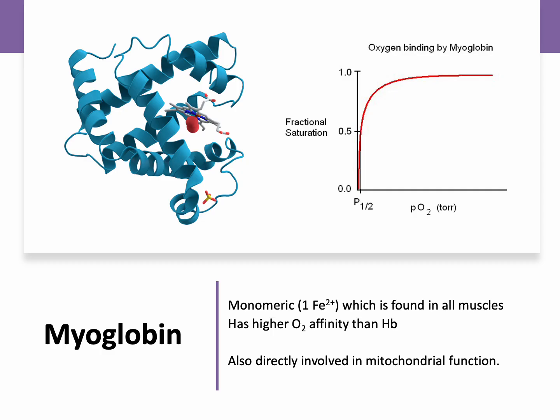Quick word on myoglobin. Myoglobin, as the name suggests, myo means muscle. It's kind of like hemoglobin, except that it has only 1 as opposed to 4 iron groups. So it's monomeric. It does tend to have a slightly higher oxygen affinity than hemoglobin, and it allows you to keep oxygen right at the muscles where it needs to be, right?